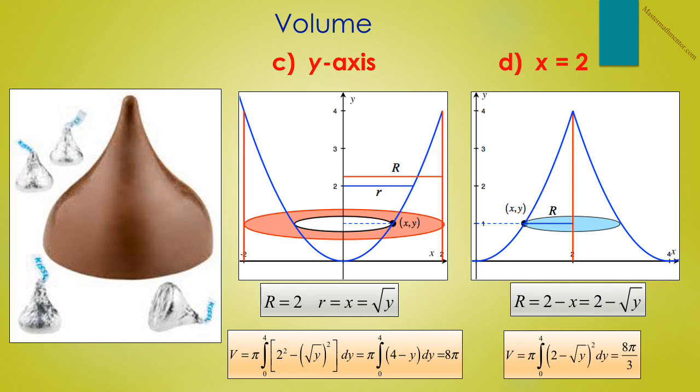It is sometimes interesting to imagine what kind of real-life object this shape is creating. In the case of D, the top part of it appears to be very similar to a Hershey kiss, as shown on the screen.